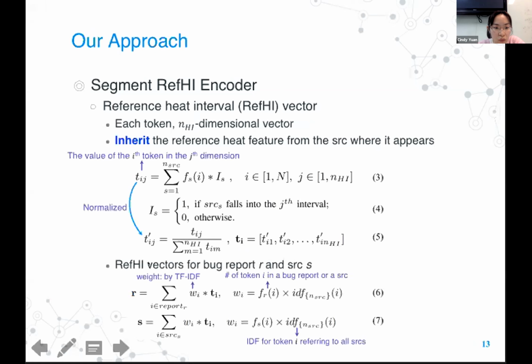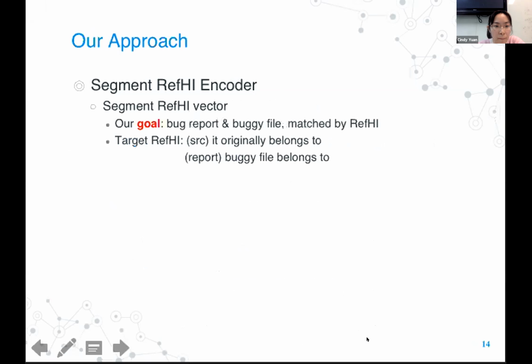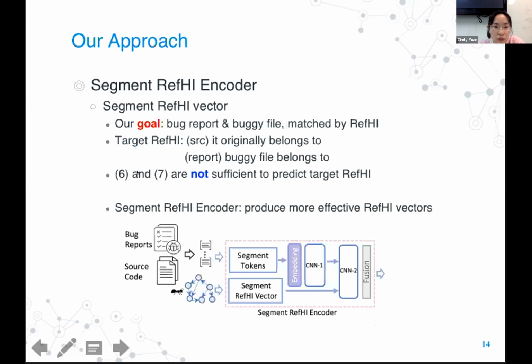Further, we can create ref HI vectors for the bug report and source files, shown in formulas 6 and 7. Our goal is that given a bug report, we can match it with a buggy file through ref HI. However, the static vectors calculated by formulas 6 and 7 are not sufficient to predict the target ref HI.